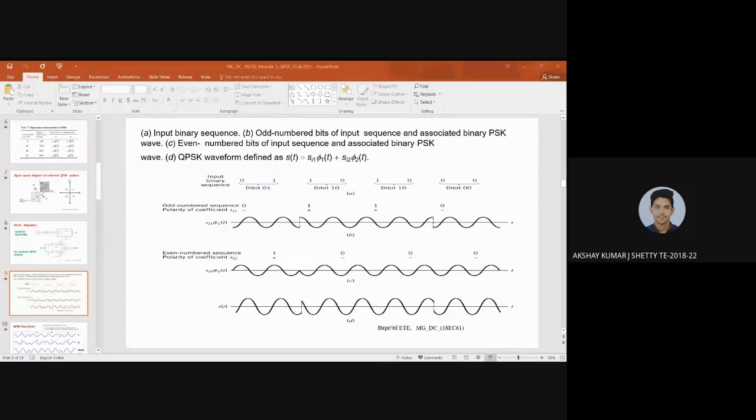Given we have a binary sequence in dibit form, with two binary digits in one set, we have four such dibits: 0, 1, 1, 0, 1, 0, and 0, 0 is the given binary sequence of data. We have to segregate it into an odd numbered and an even numbered sequence.